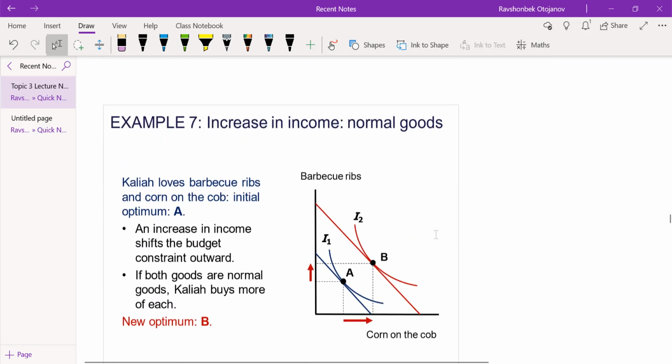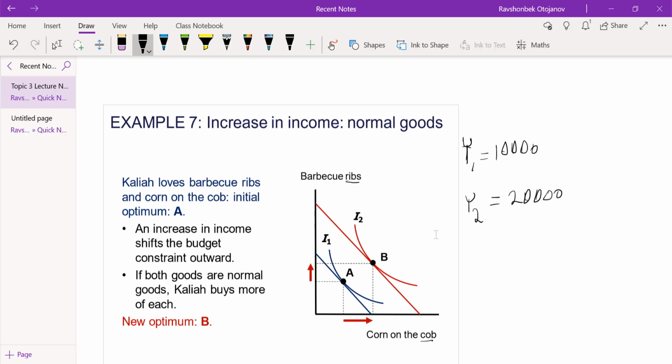So here is a case of two normal goods, barbecue ribs and corn on the cob. When the income of the consumer increases, let's say from Y1, income 1, of 10,000 to income 2 of 20,000.